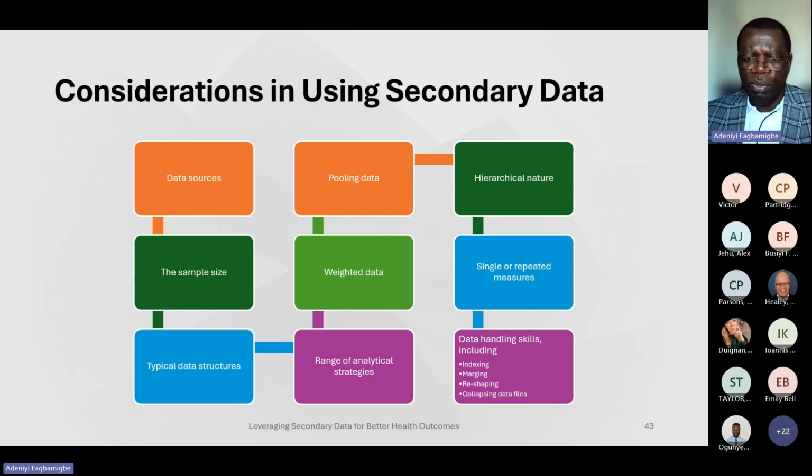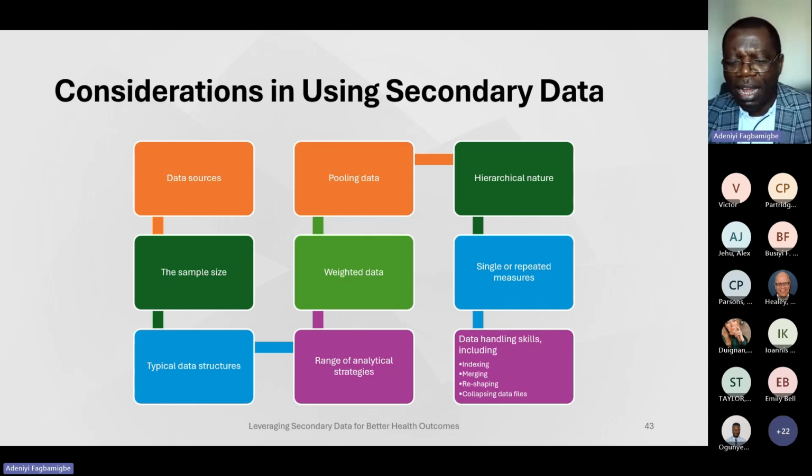These are called data hierarchies, and it is recommended that you recognize when there is a hierarchy and include it in data analysis. Single or repeated measures: was the data just one-off, or was it longitudinal, where you are coming back to collect more and more data? You have to bear this in mind as well.